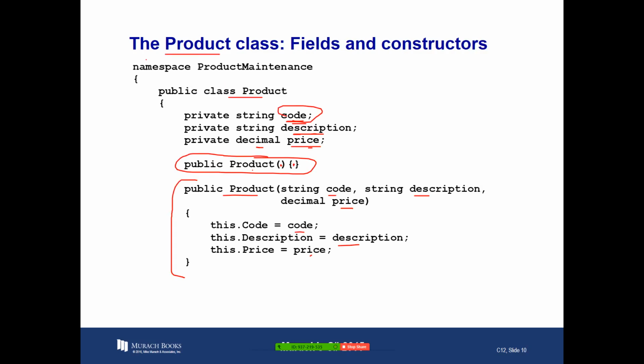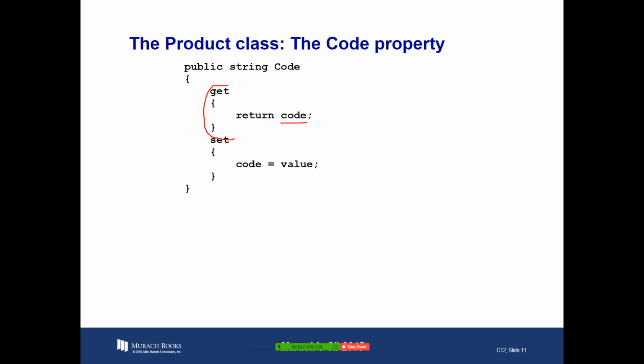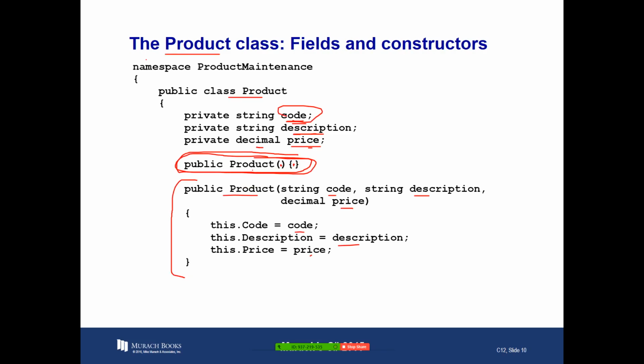So if you create instances of products using just the default constructor, you better have a way to set the codes and also set the descriptions and set the prices. It's possible that you don't use this, and all products need to be defined this way.